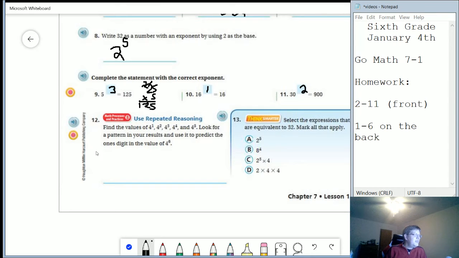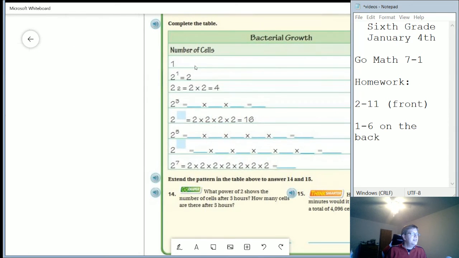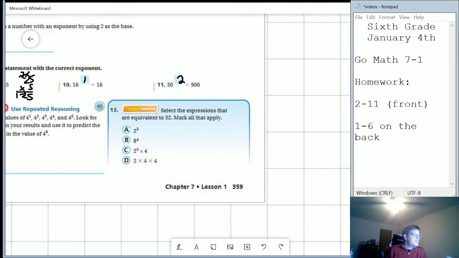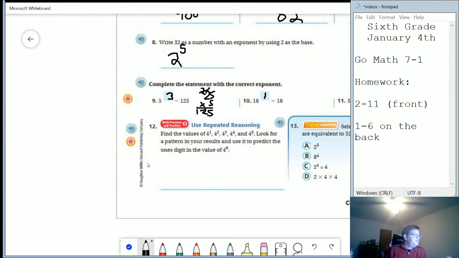So what I would do is to go ahead and make the list. We will see something similar to that on this next page. So 4 to the 1st power would be 4. 4 to the 2nd power would be 4 times 4, which would be 16. So we could do something similar to that, if you want to use that to help you.